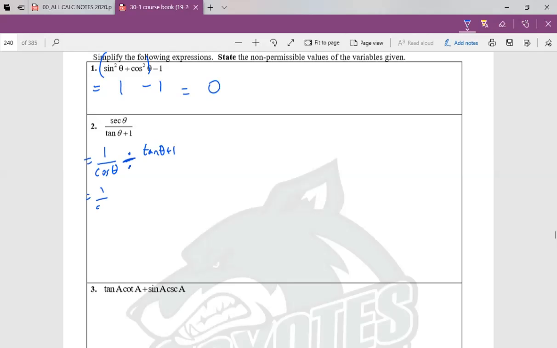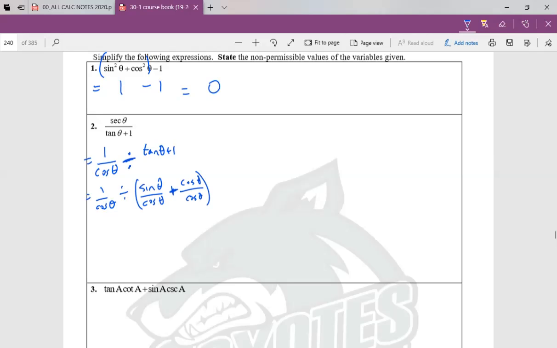It's equal to 1 over cosine theta divided by, I'm going to change tangent into sine over cosine. I'm going to change my plus 1 into plus cosine over cosine just to get half a step ahead.